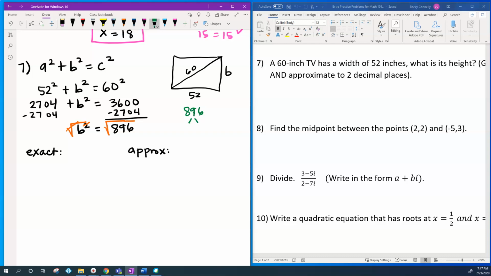I can just keep trying some things. So 896 divided by 4 is 224. So I could do this, and then I just keep breaking this down. 4 will also divide into that one, and I can keep going and going there.